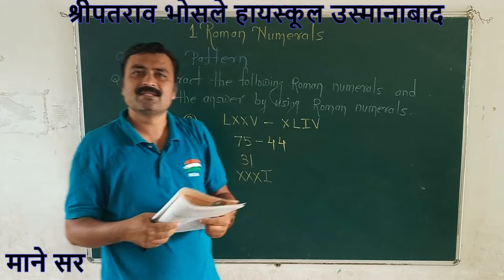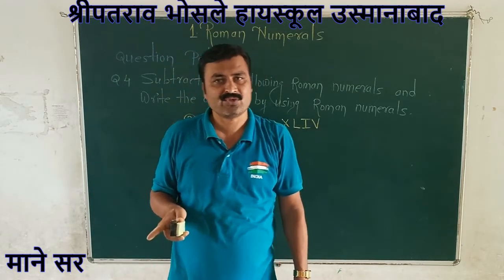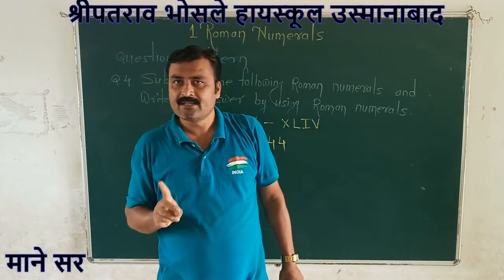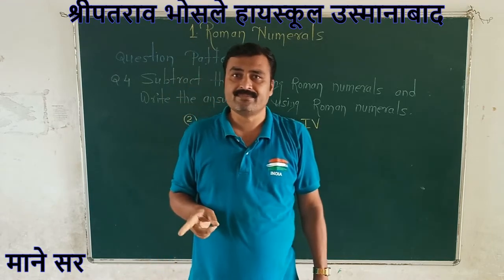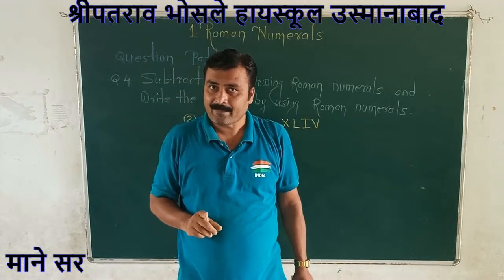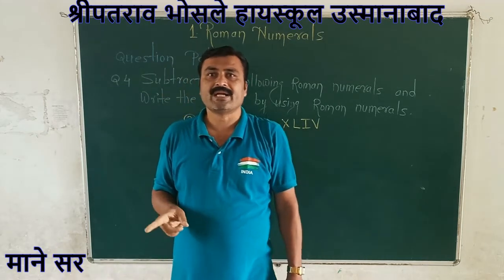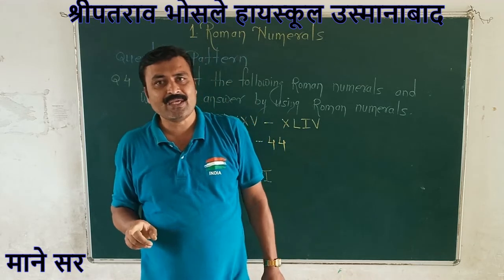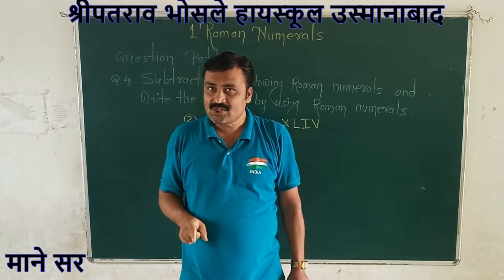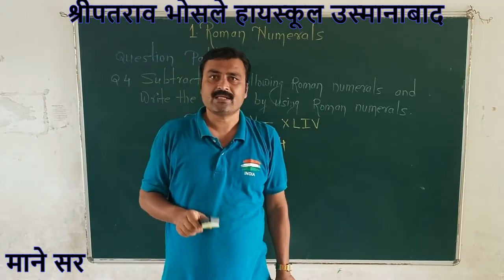If I tell the answer for these 20 numbers: 1 we write as capital I, 2 as II, 3 as III, 4 as IV, 5 as V, 6 as VI, 7 as VII, 8 as VIII, 9 as IX, 10 as X, 11 as XI, 12 as XII, 13 as XIII, 14 as XIV, 15 as XV, 16 as XVI, 17 as XVII, 18 as XVIII, 19 as XIX, and 20 you write as XX.